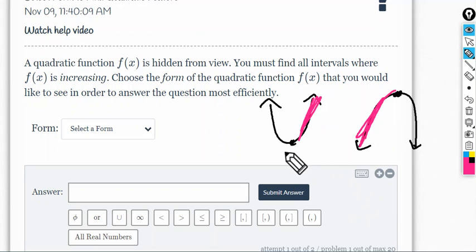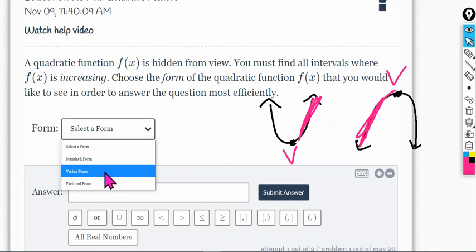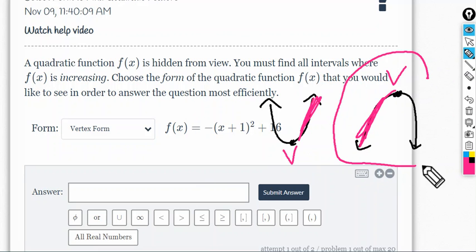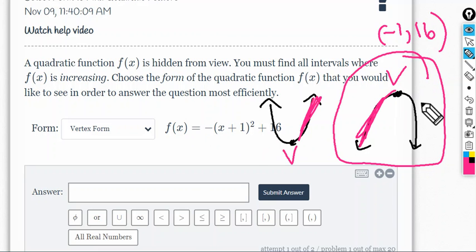Notice that the vertex is the thing that divides the increasing. So that means I want vertex form. Now this parabola happens to open down. So I'm going to put a little box around this one. I'm just going to label my vertex at -1, 16, and it's opening down.